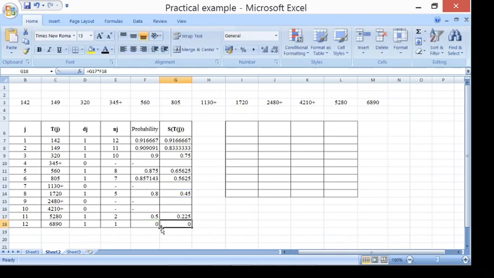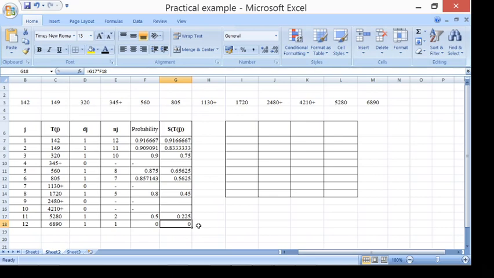so it will come out to be 0.225, and again here it will be 0. Now suppose I am having 12 components and the failure times have been given like this. The last failure has occurred at time point 6890. So if someone asks what is the probability that you will go beyond time point 6892.